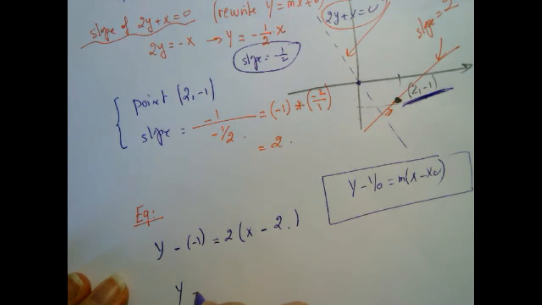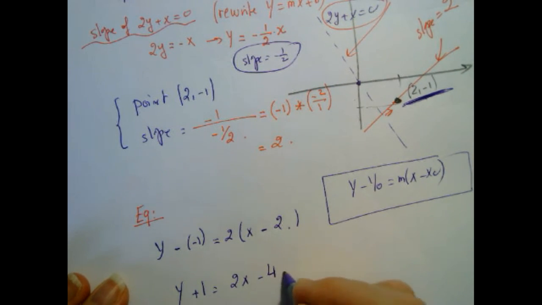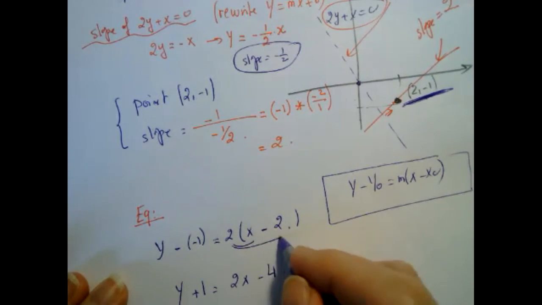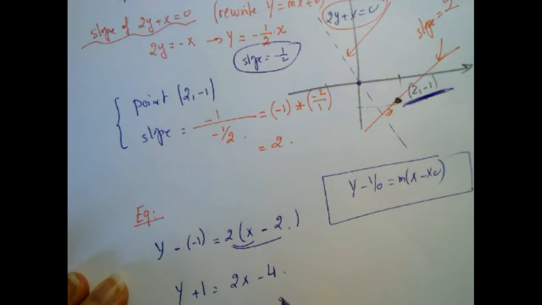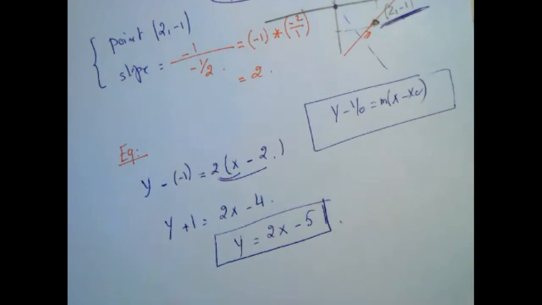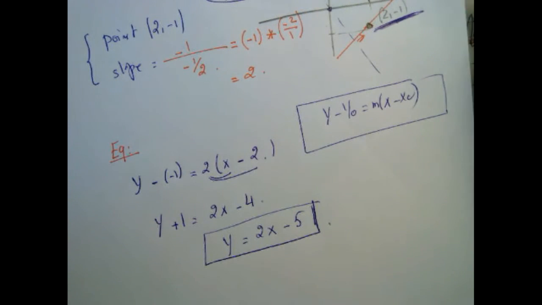Now I reduce and distribute, and that will give me y equal to 2x minus 5. Okay.